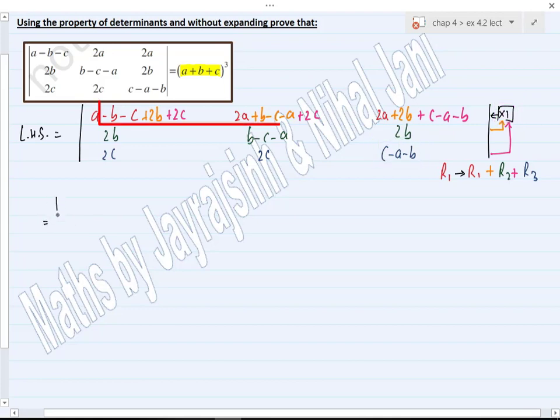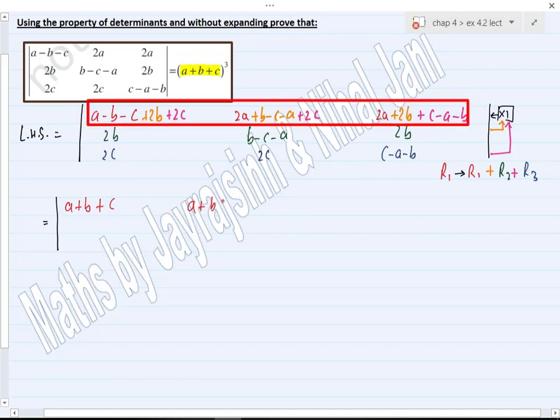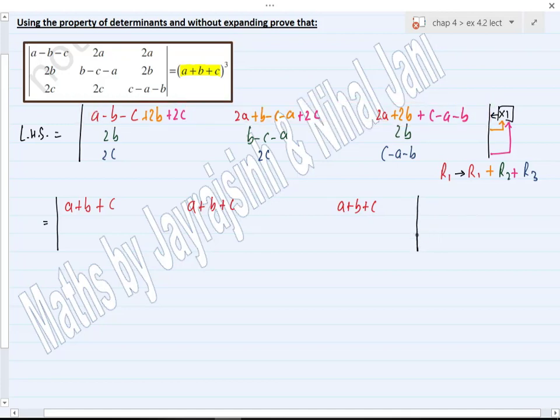So your first row will be a plus b plus c, similarly a plus b plus c and a plus b plus c. And the rest of the two rows will be the same. So we can take common a plus b plus c from the first row.